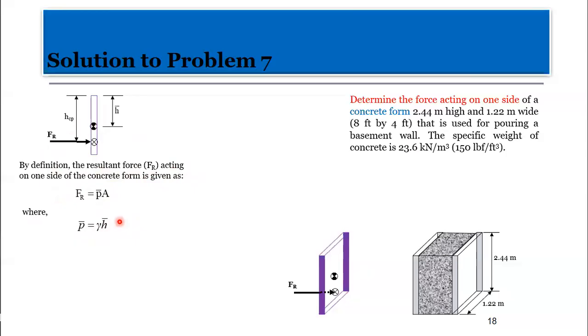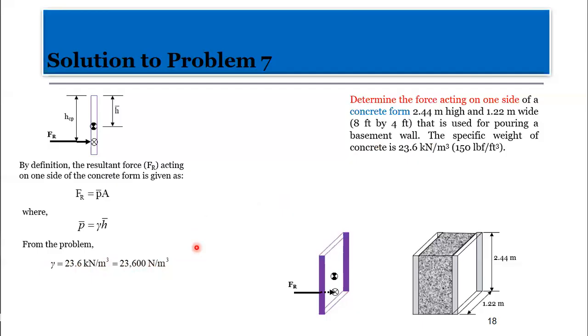So from the problem, we know that gamma, the specific weight, is 23.6 kilonewtons per cubic meter, and that is multiplied by 1,000 to get newtons per cubic meter.